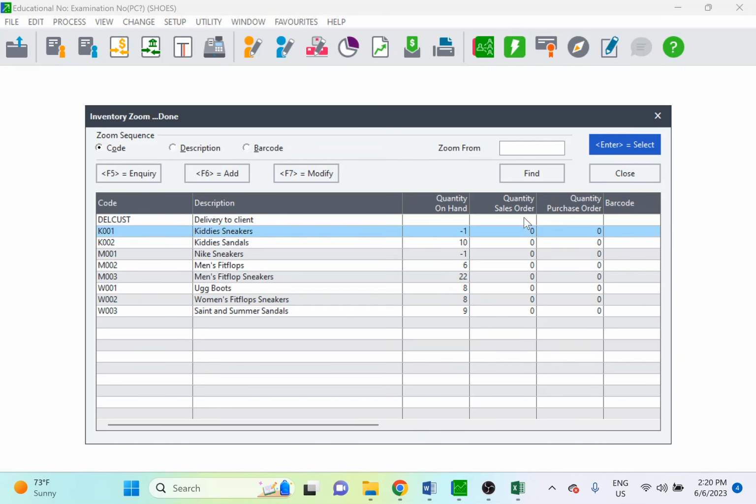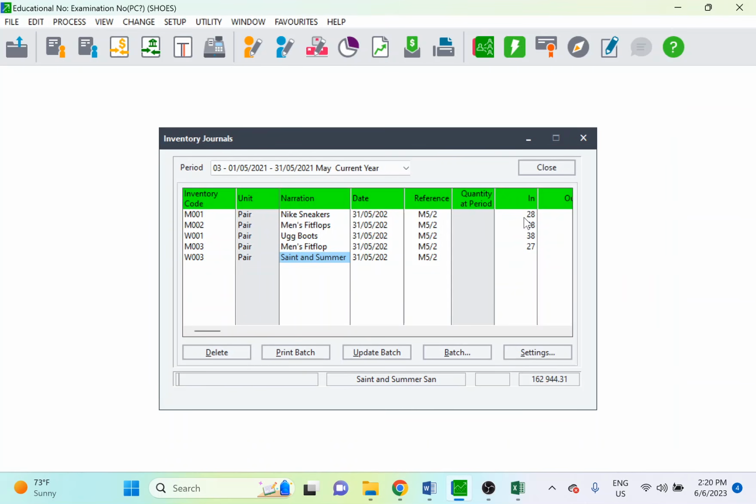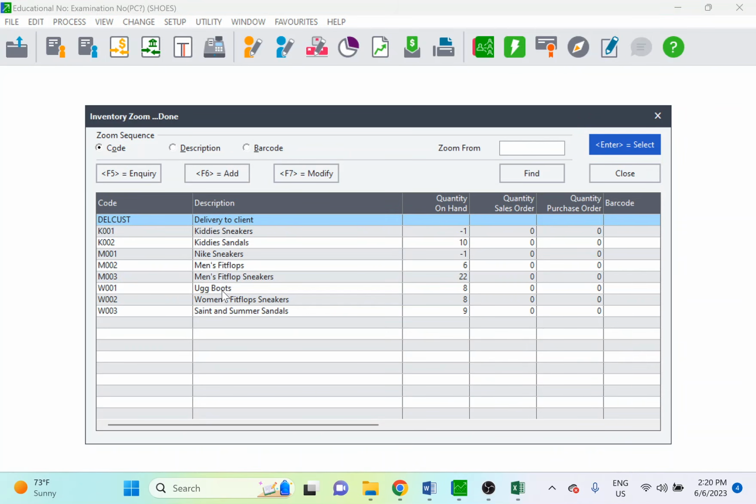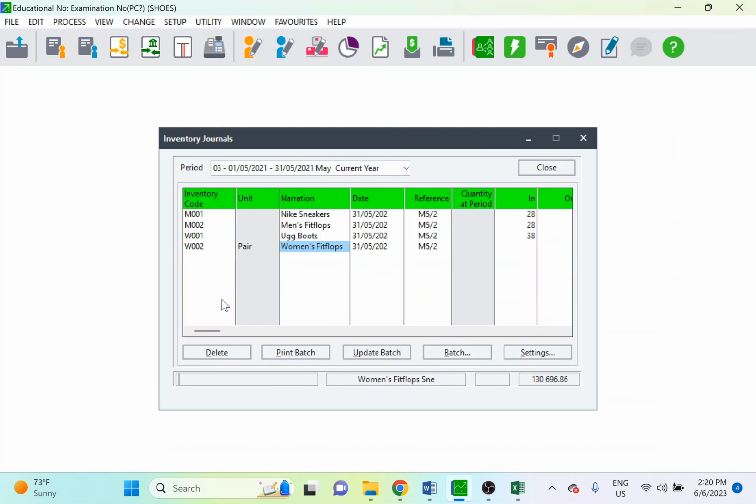Sorry, I selected a wrong item here. It's not men's, it's women's flip-flop sneakers. So allow me to delete that. Women's flip-flop sneakers. I made a mistake. I had selected men's, not women's.